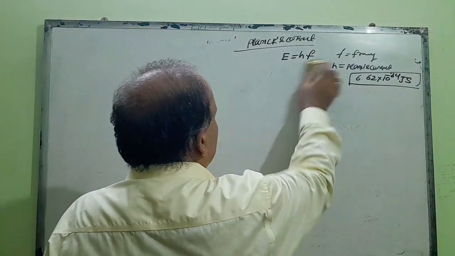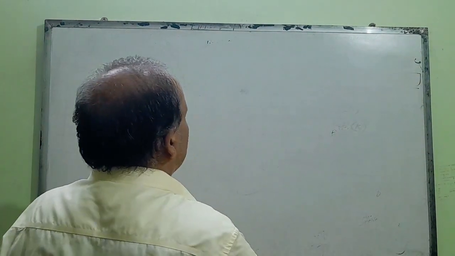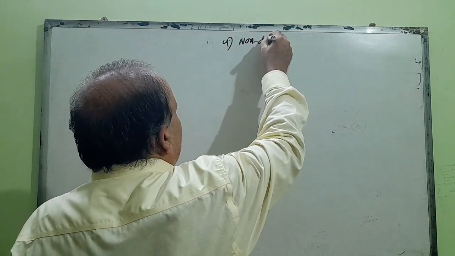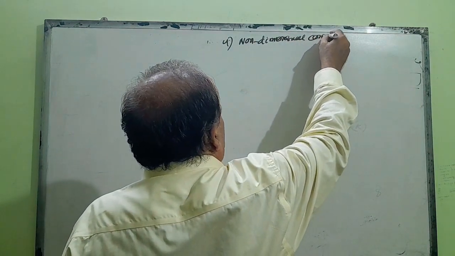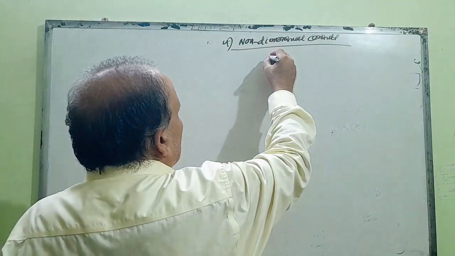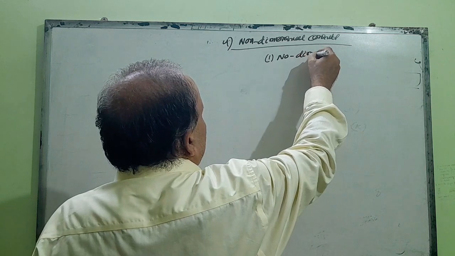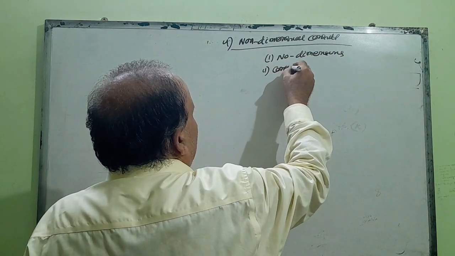Next, come to non-dimensional constants. These are physical quantities which have, first point, no dimensions, second, constant magnitude.